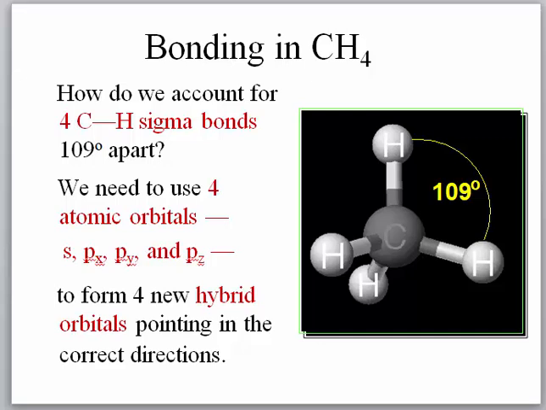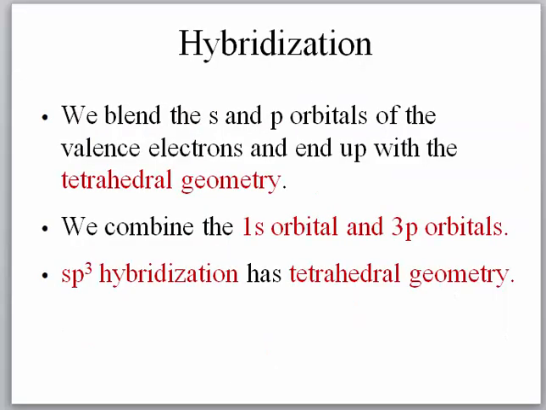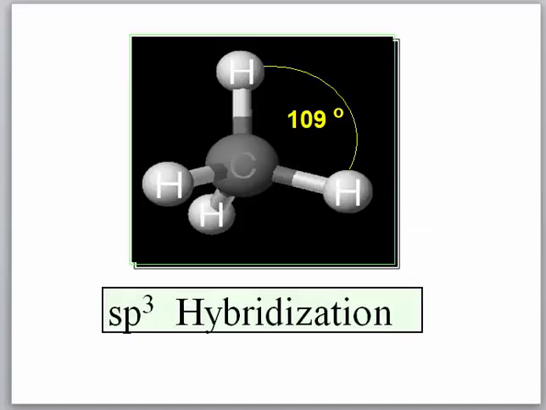So anytime you have 4 bonding sites, you're blending an s and 3 p's for 4 equivalent bonds. So blend the s and 3 p's to get sp3 hybridization, which gives you tetrahedral geometry.